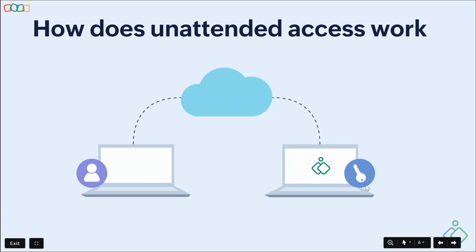Here you can find that to set up the device for unattended access, as a technician, you have to log into the Zoho Assist account, which is assist.zoho.com, and you can gather the unattended link and share it with the remote user. So imagine that you have the end user who can do the configuration for you. You can share the link with the end user so that they can download the unattended agent and have the device configured for unattended access.